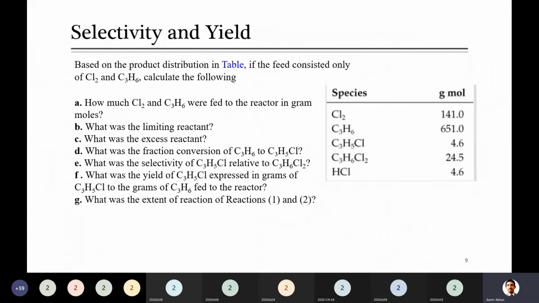That means you have to calculate something at the inlet of the reactor. The best thing is to first draw the diagram and apply the material balance for the first part. The other parts are just based on the definitions or equations which we discussed, and you can calculate them.